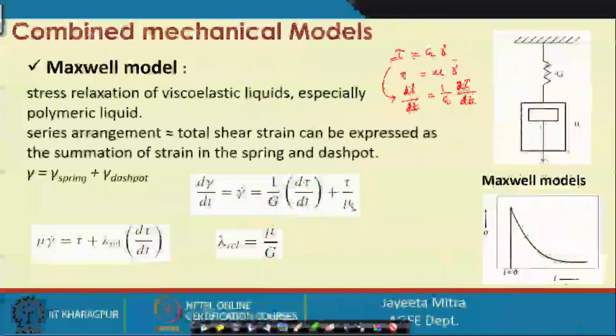We can take the mu to the left side. So, we are getting mu into gamma dot equal to shear stress tau plus lambda REL, that is the relaxation time, into d tau by dt.